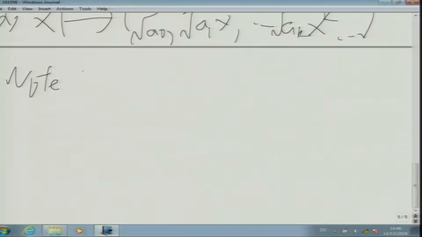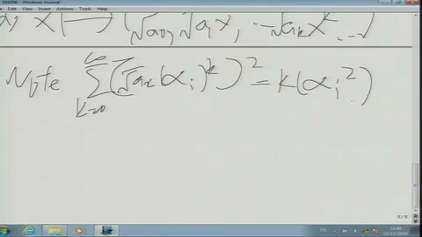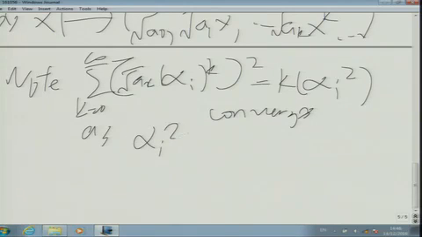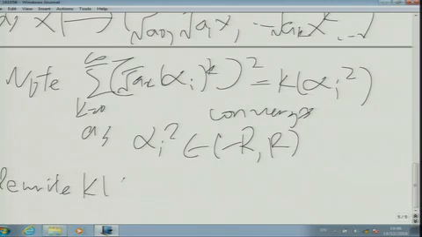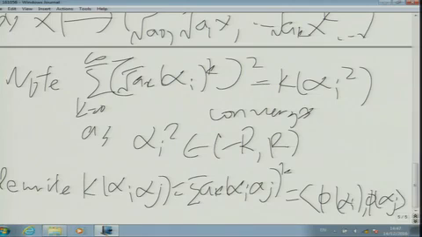And we note that the summation of (root a_k alpha_i to the power k) square is indeed K(alpha_i square), and this converges, since alpha_i square are in the range of negative R and positive R. So we now rewrite K(alpha_i alpha_j), which is summation of a_k (alpha_i alpha_j) to the power k, to the inner product form, which is phi(alpha_i) times phi(alpha_j).